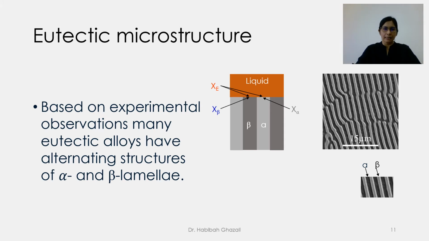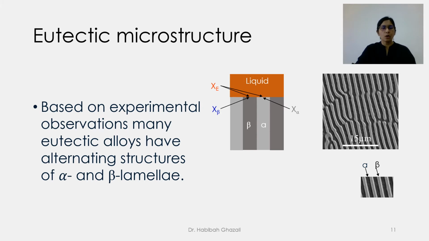If we look at a section through this alternating structure during solidification, what we are seeing is the liquid, and behind the liquid are the two phases of alpha and beta solid solution, as indicated by the light gray and the dark gray sections. The alpha phase is rich in bismuth, and the beta phase is rich in tin.